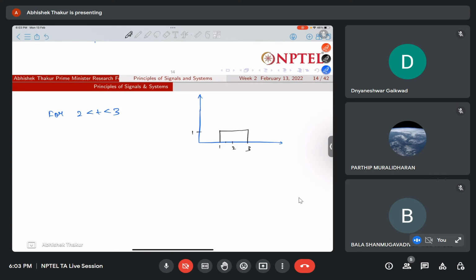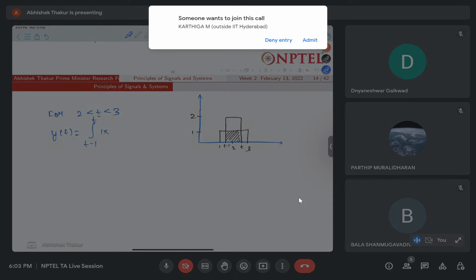So somewhere it will start from here. It will go between 2 to 3 because our t is 2 to 3. So this point is t minus 1, this point is t. So now the overlapping area is given as this one. So this is from t minus 1 to t. Okay. So y(t) is equal to the integral from t minus 1 to t of 1 into 2 d tau.